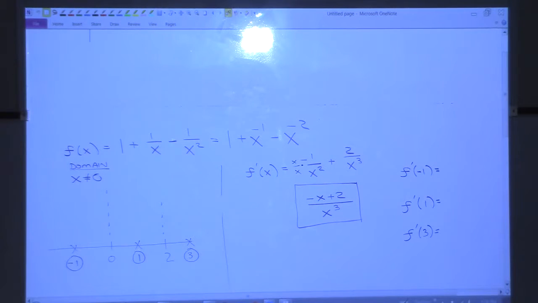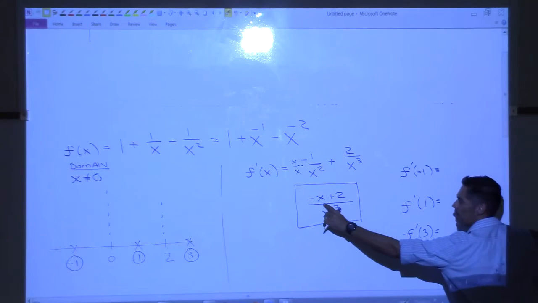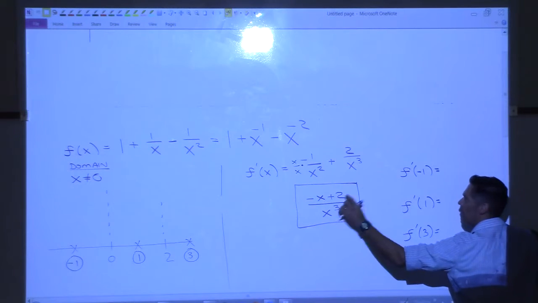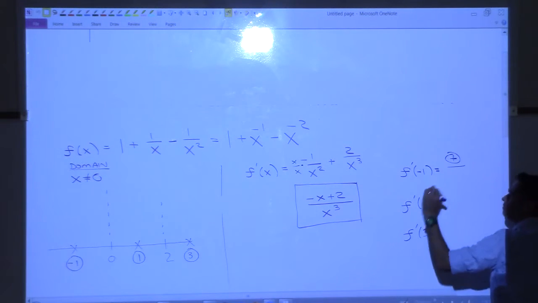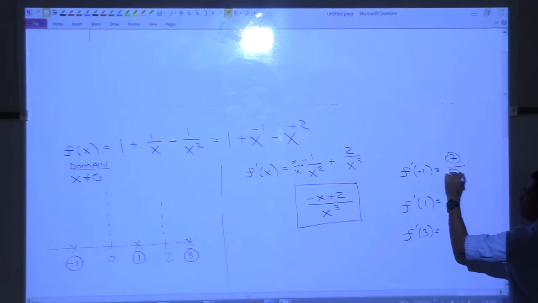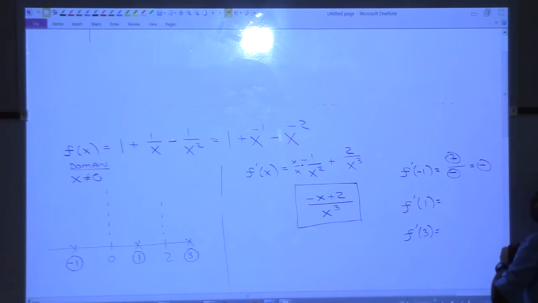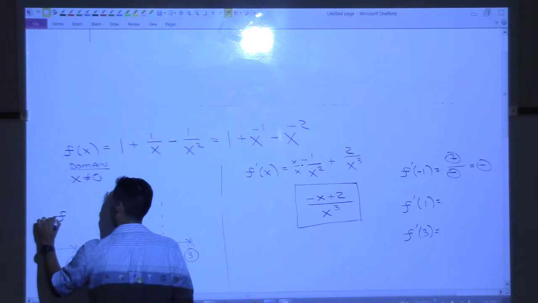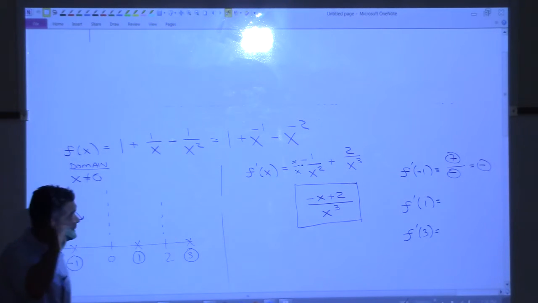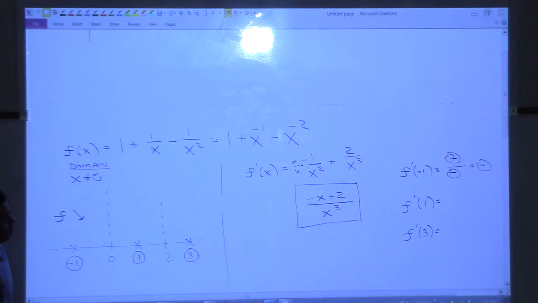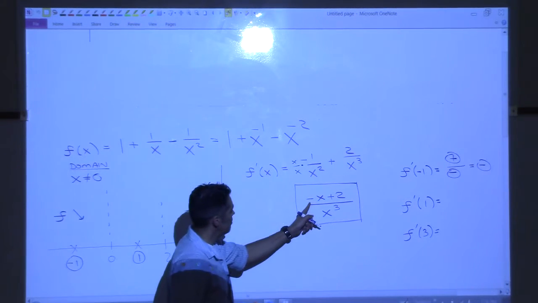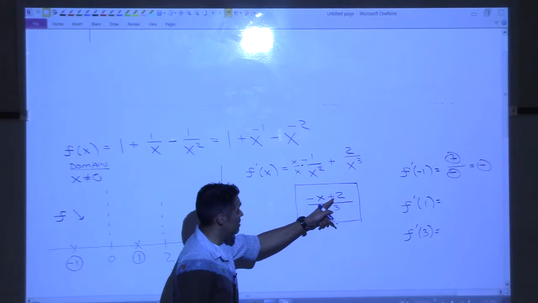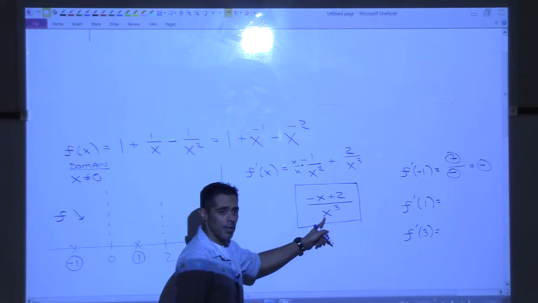What happens when you plug -1 in? On top you get positive, and on the bottom you get -1 cubed, which is negative. So you should get negative here, and that means over here our function is going down. All right, what about at 1? So at 1, we get -1 plus 2, so that's positive on top and positive on the bottom, right?